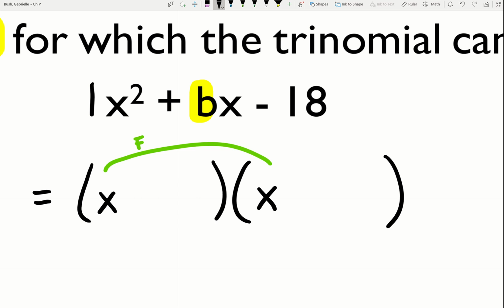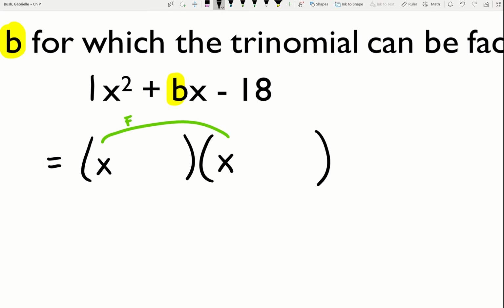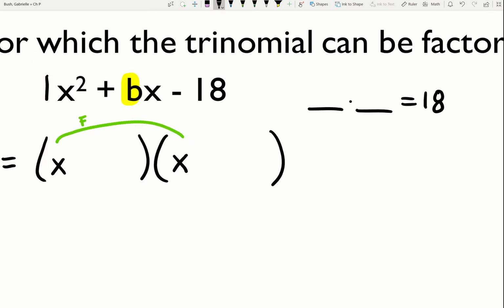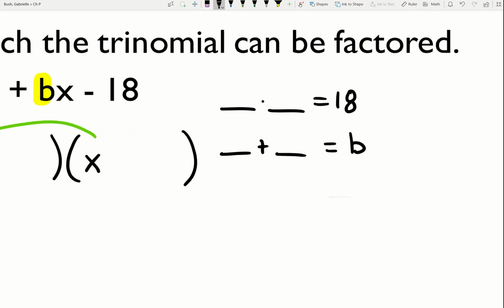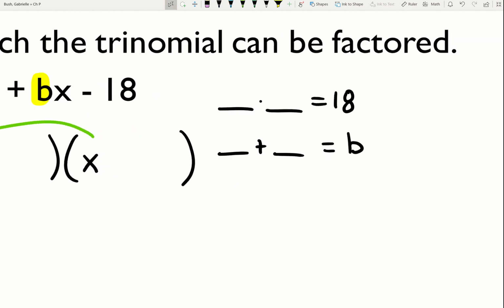And then, as far as what's going to go in these other terms here, remember that these need to be some terms that are going to have to multiply to make 18, okay? These terms also have to add together to give us what b is equal to, okay? So, when we figure out what b is, we would have to go ahead and say, what are all the different ways that you could factor 18, and then that's going to mean certain values of b are going to kind of fall out of that.